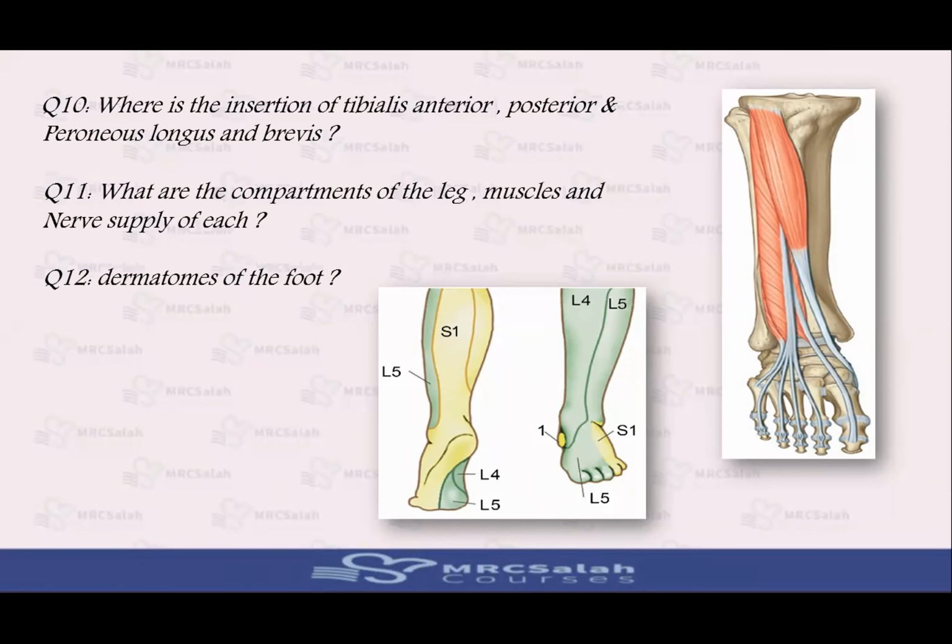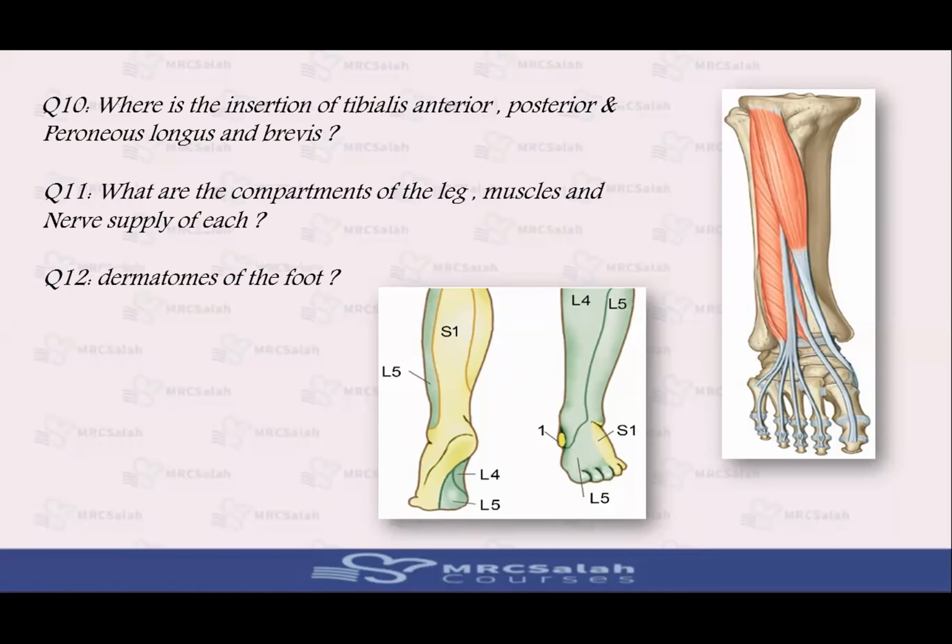Okay, what about the peroneus longus? I don't remember. Can you skip this or answer it? Okay, the peroneus longus has the medial cuneiform and the first metatarsal, and the brevis is the tuberosity of the fifth metatarsal. Peroneus muscles act laterally doing eversion, so they will come from laterally.